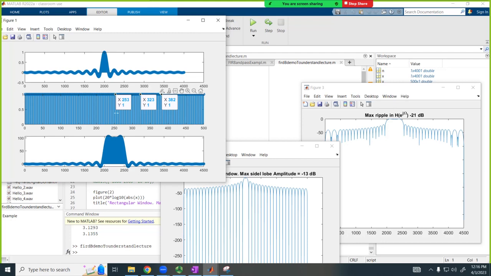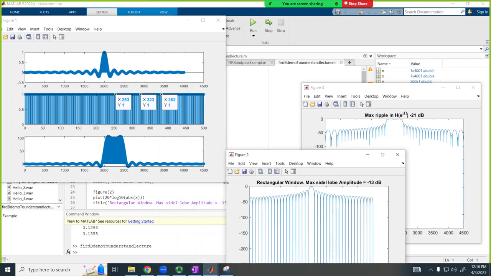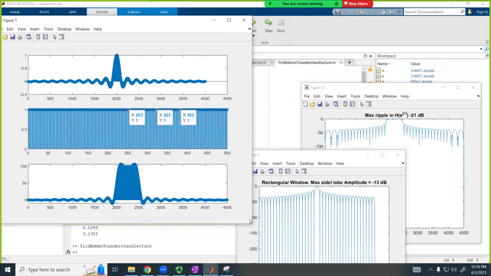So this shows what we've been doing using a rectangular window. This is the ideal low pass filter. This is the window that we're going to choose.